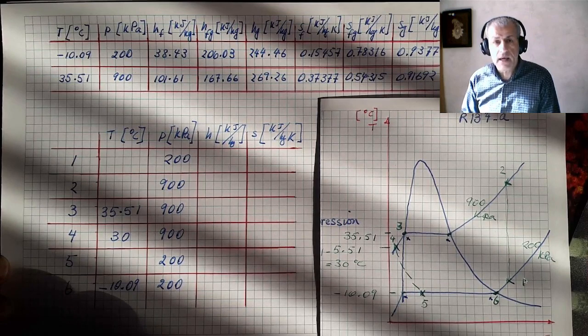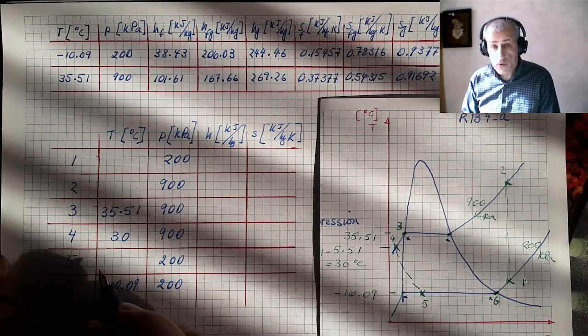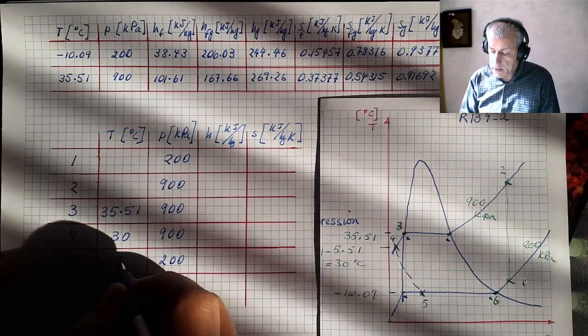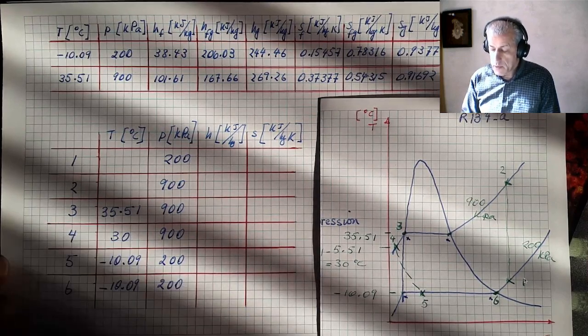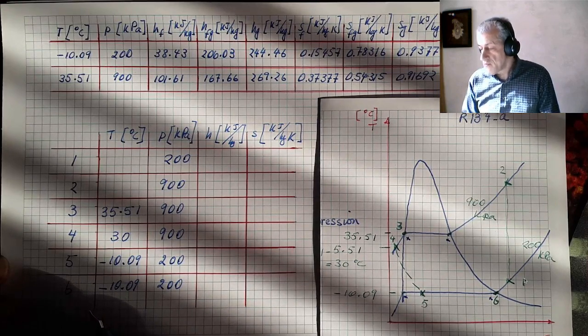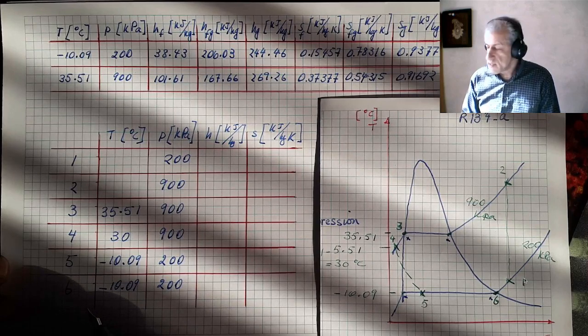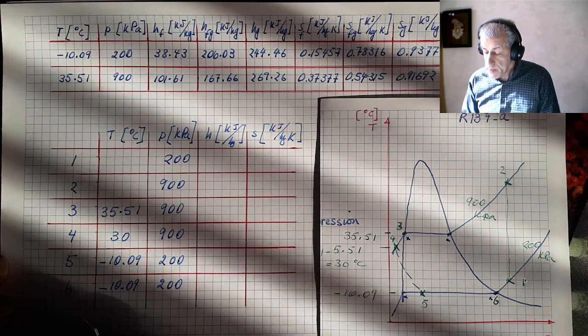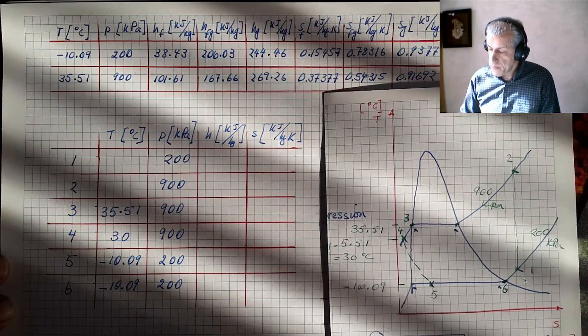It is saturated vapor. And for point 5, all the same, it is minus 10.09. Point 5 has some quality, but still, this temperature is a function of its pressure. And since its pressure is 200 kilopascal, then its temperature would be minus 10.09.